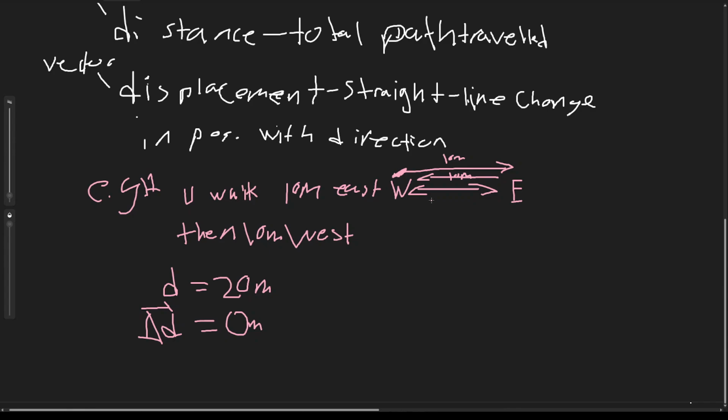That's the difference between distance and displacement. Displacement talks about your position, but distance is just talking about the total path traveled. And this is why direction matters, because velocity must include direction.